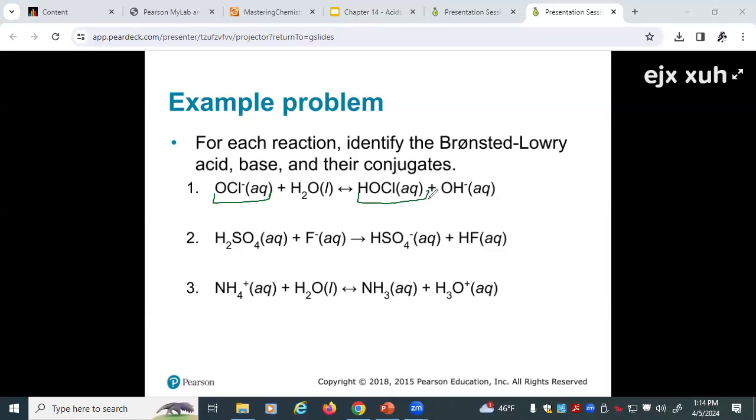Did it gain a hydrogen or did it lose a hydrogen? It gained one. Didn't have a hydrogen to lose. That's usually a telltale sign also. But since it gained a hydrogen, we know that it acted as a base. What does that mean for the HOCl here? It means that it is a conjugate acid because it was formed out of a base.